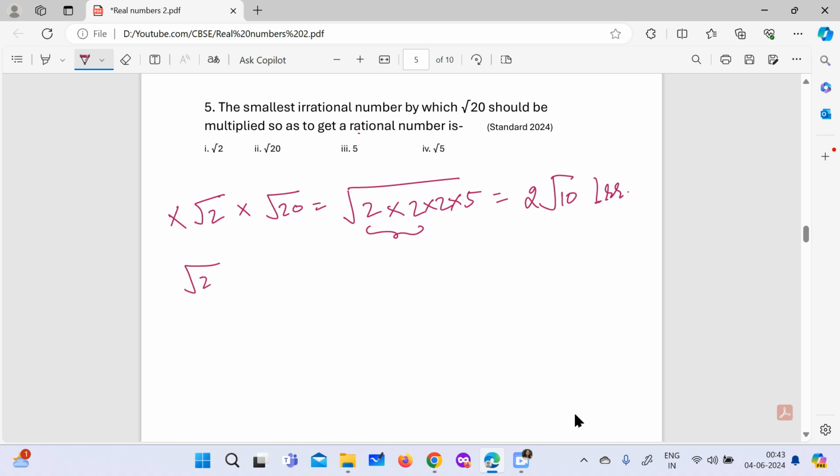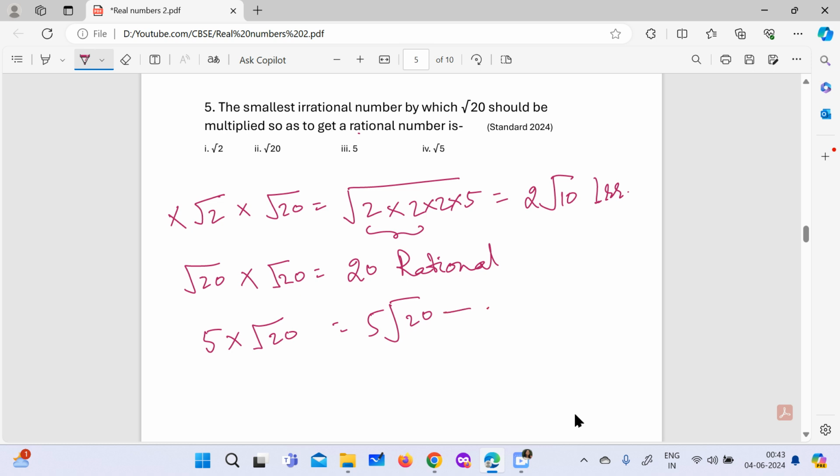Then we do root 20 times root 20, and we are getting here 20. This is a rational number, but let's check others also. Now you have 5 times root 20. That will give you 5 root 20, and this doesn't stand true on the given condition because this is also an irrational number.